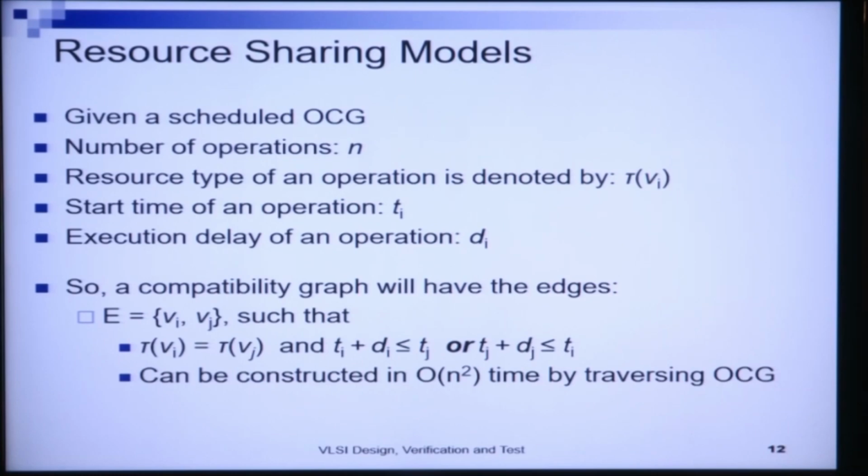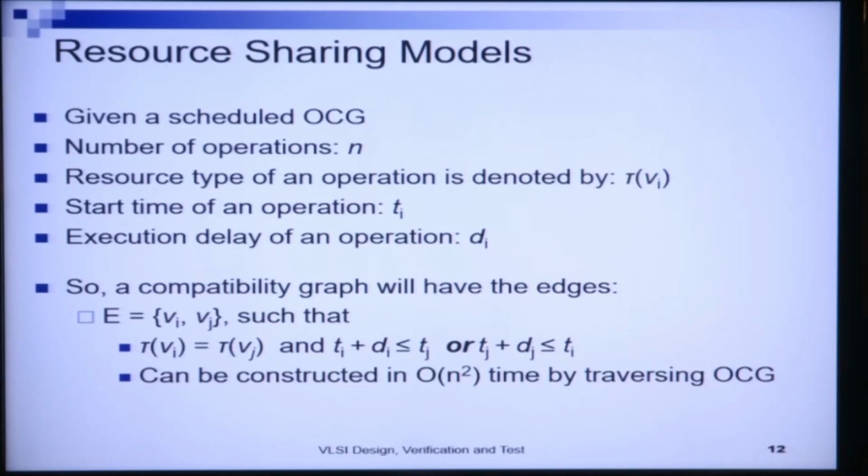Why is this so? Because Di is the delay of operation i, and operation Vj follows Vi. Otherwise there is an overlap in the execution intervals of these two operations, and therefore the same operation instance cannot be used to execute both these operations Vi and Vj.